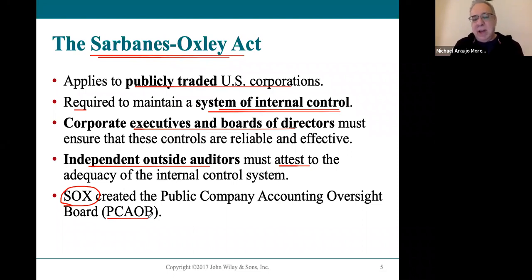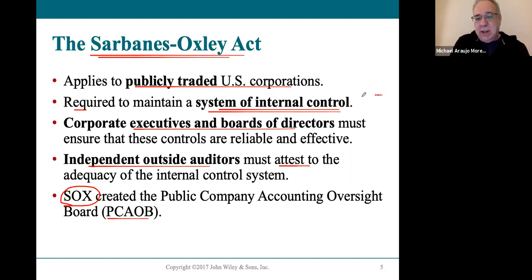So you need to create an executive branch, in essence, an office to enforce the laws that governments make. And so the Public Company Accounting Oversight Board basically is the enforcer of these regulations that have been put in place.